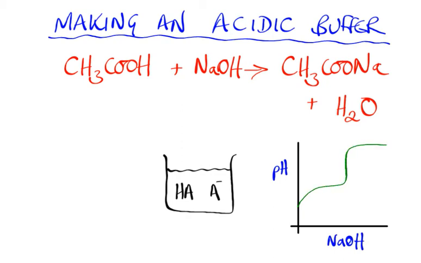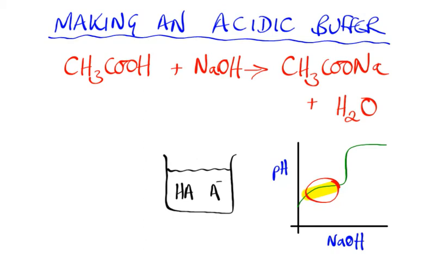Now, if you take this region of the curve, as soon as we start reacting, then we start to get rid of our ethanoic acid and we start to generate sodium ethanoate.